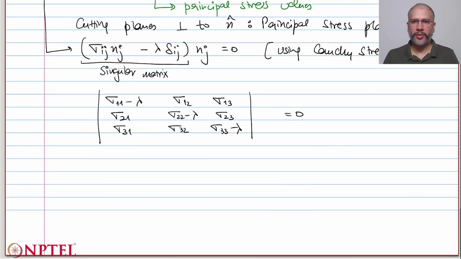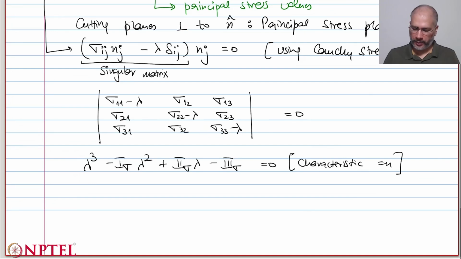When we expand this, we get the characteristic equation in lambda, where the coefficients, that is, I1 sigma, I2 sigma and I3 sigma, are invariants. In fact, they are called the first, the second and the third invariants of the stress tensor sigma.